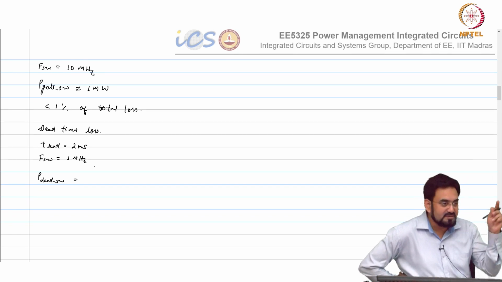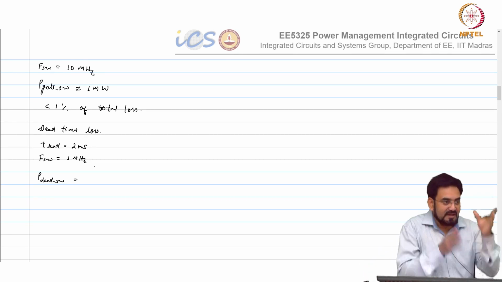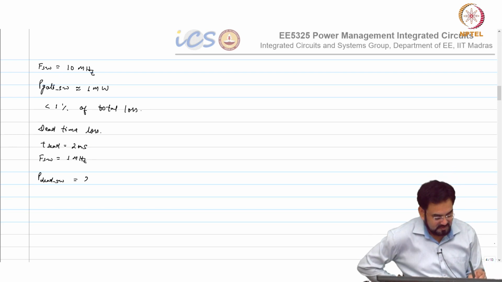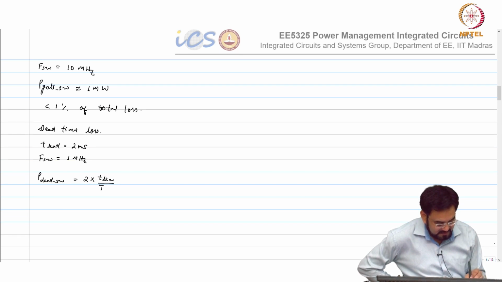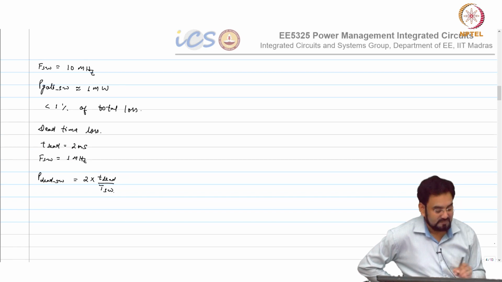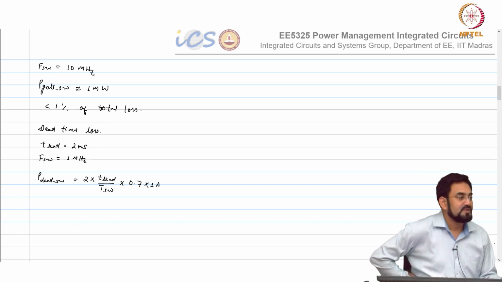So, twice because the diode is conducting at both the edges. So, twice into T dead over TSW into 0.7 into 1 amp. Okay.